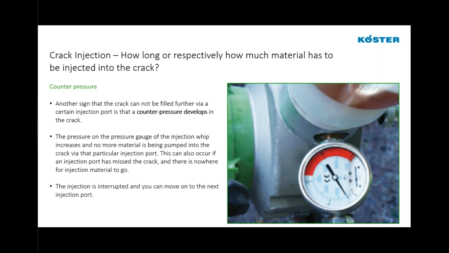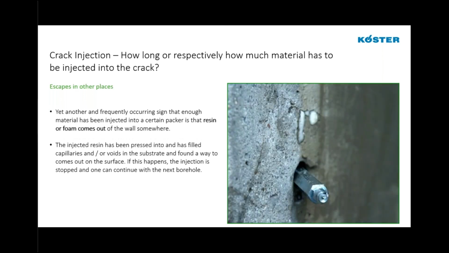This severe expansion, severe pressure may cause further issues down the road. So you definitely don't want to over-inject. You want to be very careful about only injecting as much material as needed, again, primarily with the more heavily reacting ion 1 and ion 7. So if we do get a severe counterpressure built up, we can end the injection in this port and move on to the next injection port.